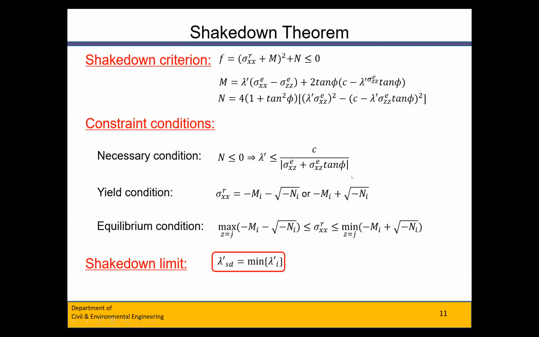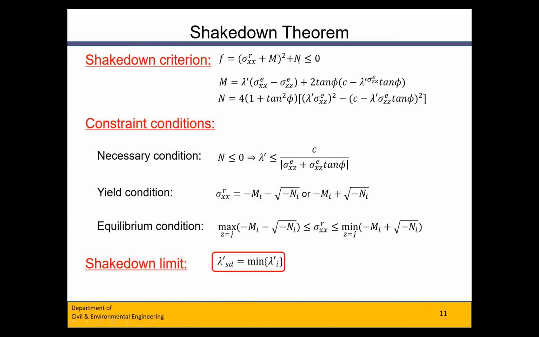As we just talked about the advantage of shakedown analysis, the failure criterion can be expressed in a mathematical form, just like the equation F shows here. In our research, we use the Mohr-Coulomb failure criterion. In this equation, sigma XXR represents the normal residual stress in the moving direction.